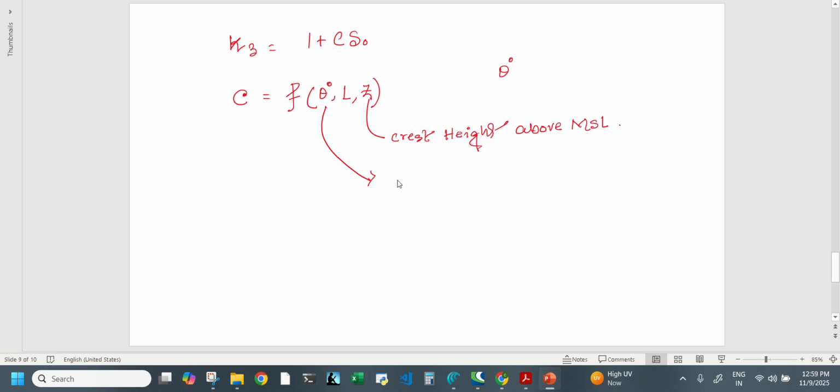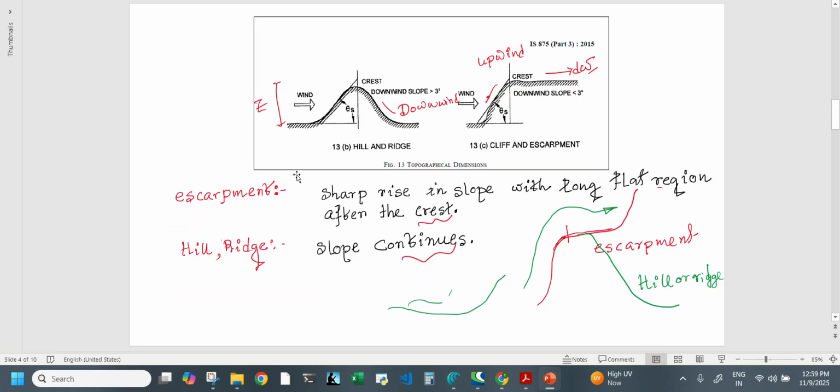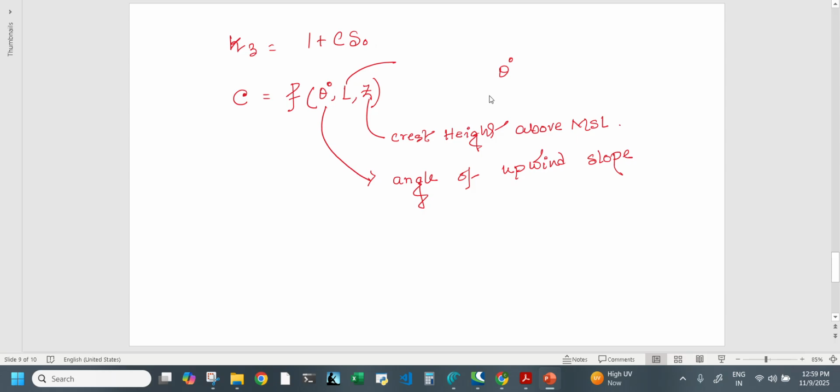Theta is the angle of upwind slope, and L is the actual length of upwind slope.